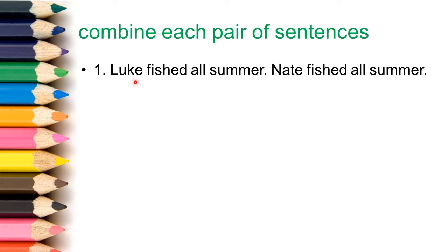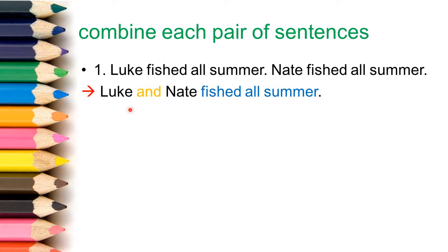Luke fished all summer and Nate fished all summer. So here we have two different subjects sharing the same predicate or the same verb fished. So it becomes Luke and Nate fished all summer. So two different subjects combined with the conjunction and to become a compound subject are sharing the same predicate.